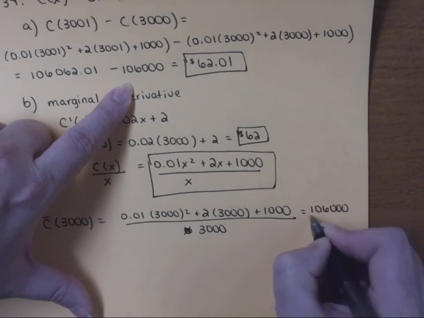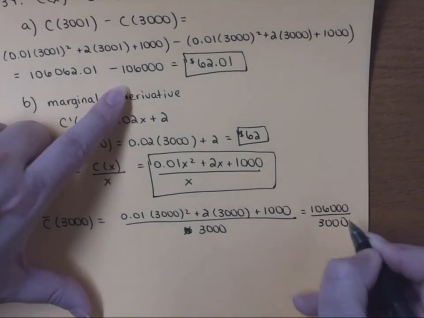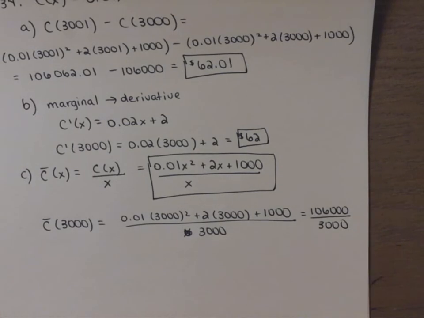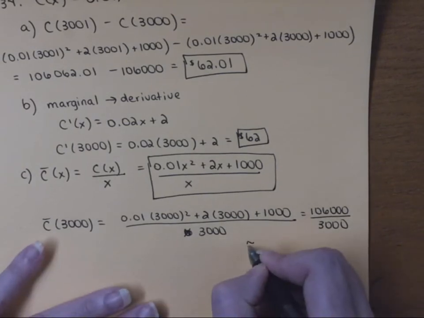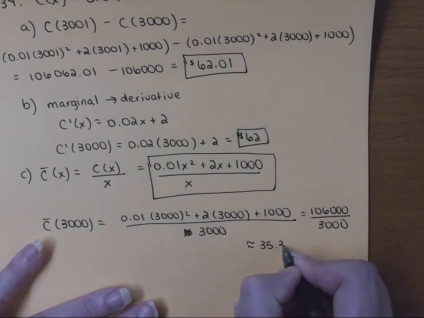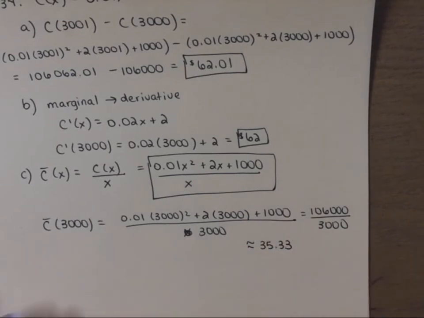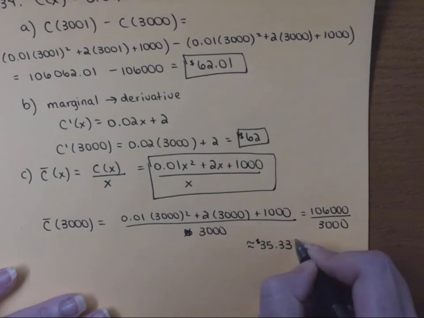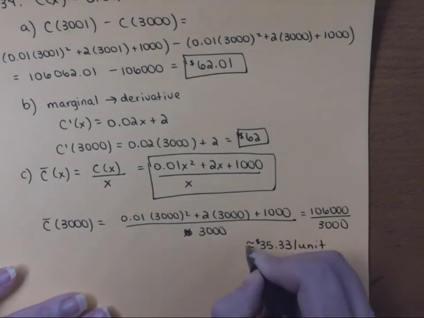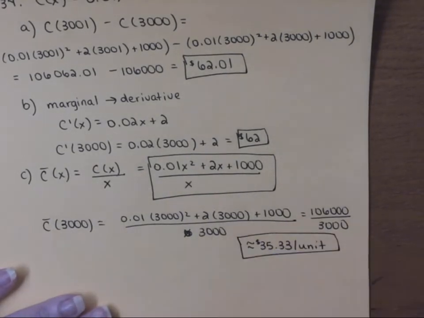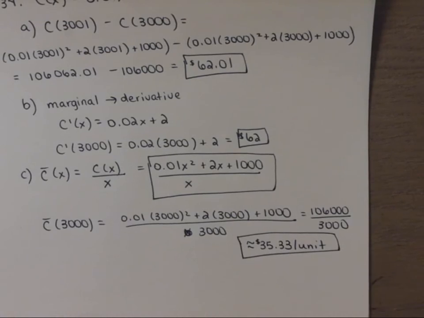So there's no need to do all that again if we already did it over 3,000. Okay, so if you work that out, you're going to get right around 35.33. So that means that the average cost per unit or per bat in this case is $35.33 or around that.